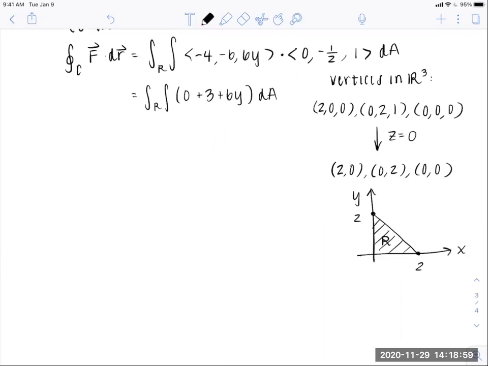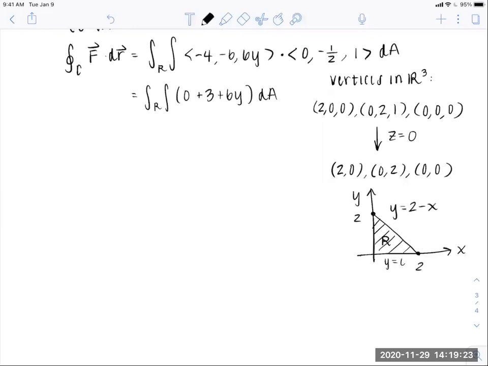So at this point, we need to decide, does it make sense to integrate in rectangular or polar coordinates? Here, we definitely want to use rectangular because this is not a polar region. And so what I'm going to do is come up with an equation for the hypotenuse of the triangle. Here we have a y-intercept of 2, and we have a slope of negative 1. So y equals 2 minus x.